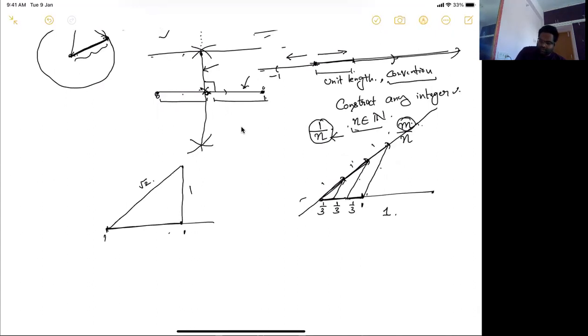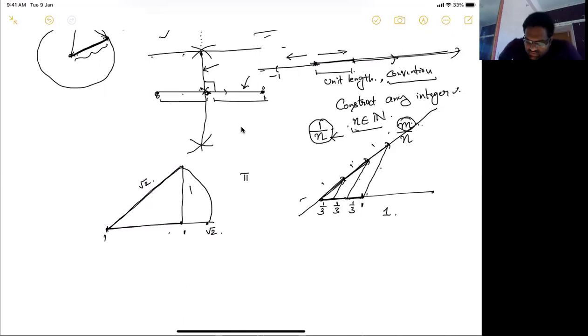And now if you mark using this compass, this point will be square root of 2. So you'll be able to construct some real numbers, not every real number. For example, you won't be able to construct the cube root of 5 using ruler and compass.